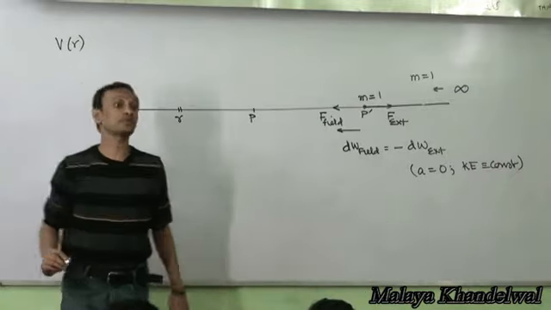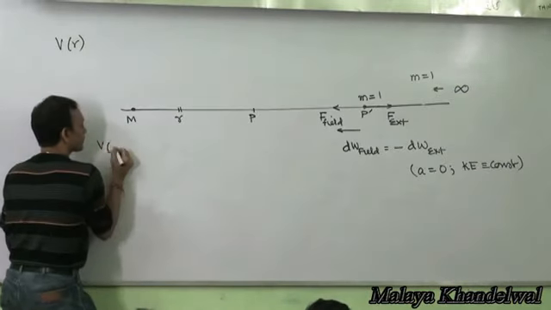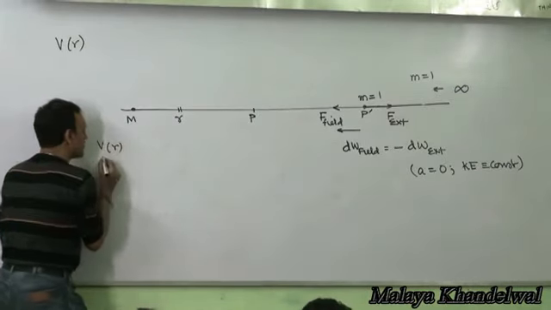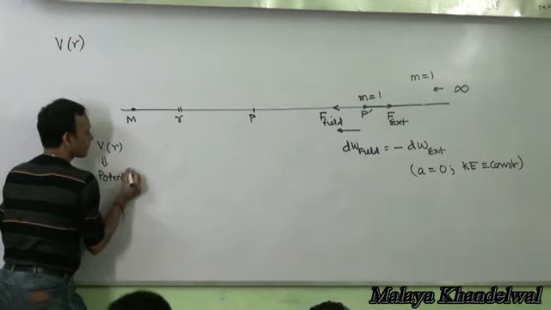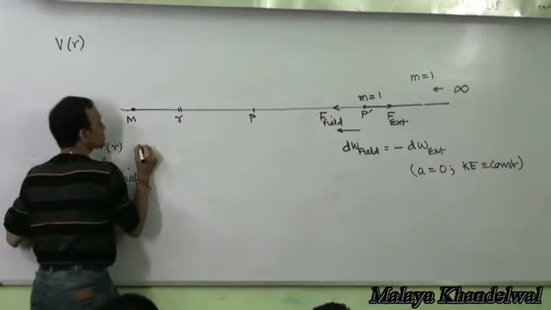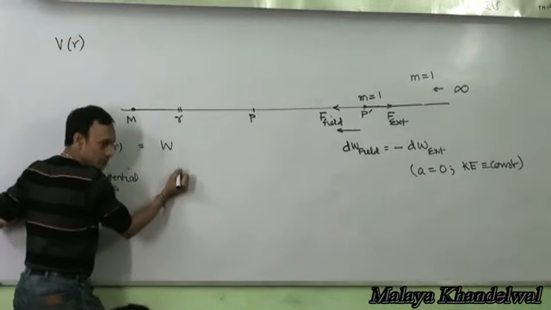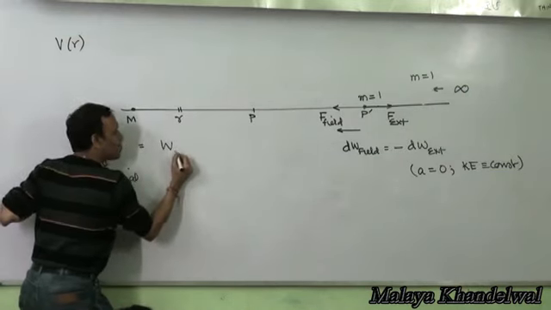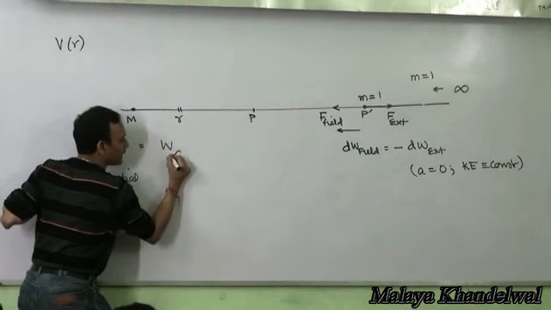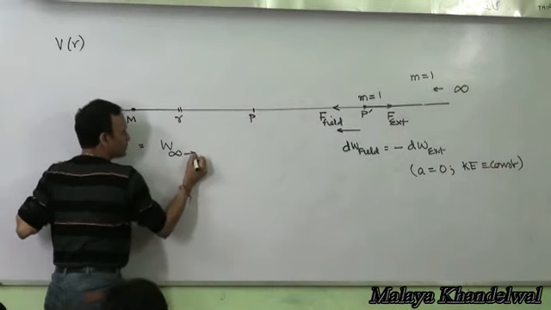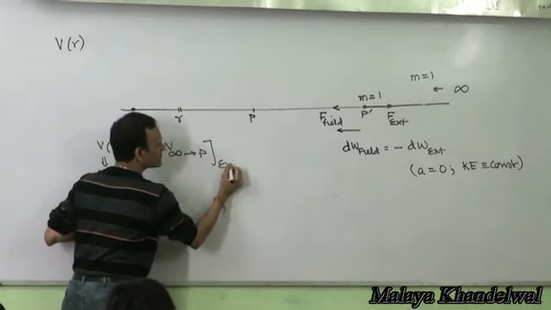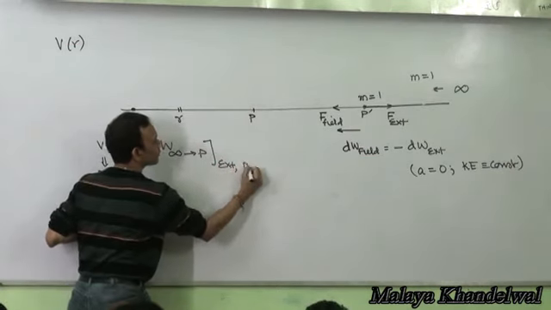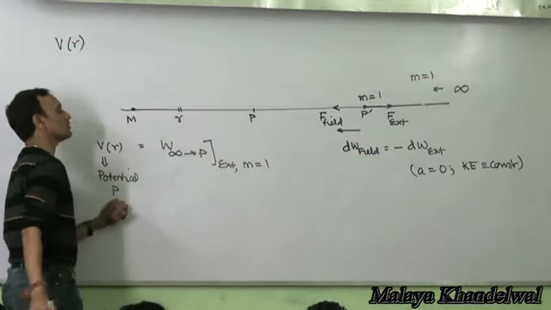So then, the potential at the point P is the amount of work done by an external agent in bringing a particle from infinity to P, for a unit mass m equal to 1.